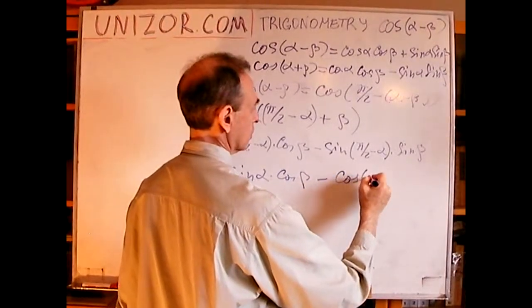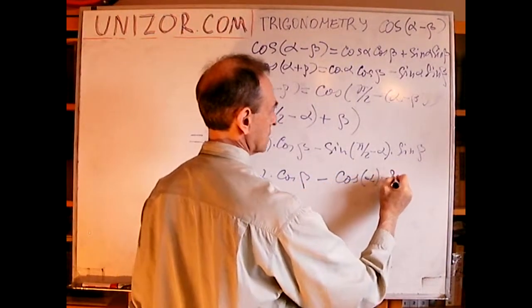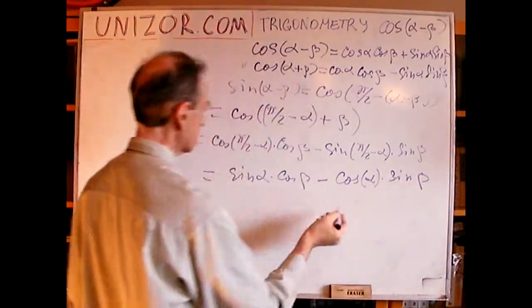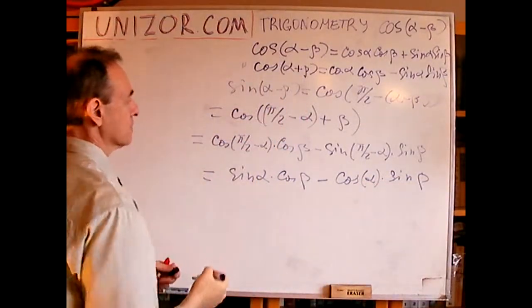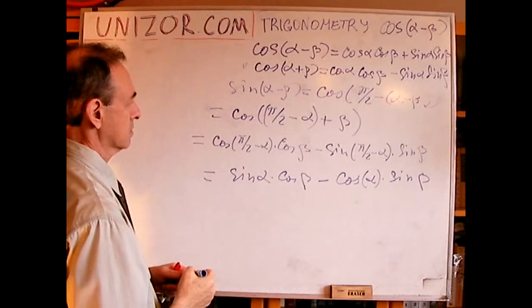Sine is changing to a cosine, and a sine beta. So this is the formula for a difference between two angles.